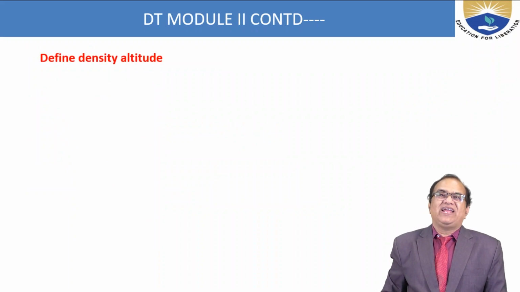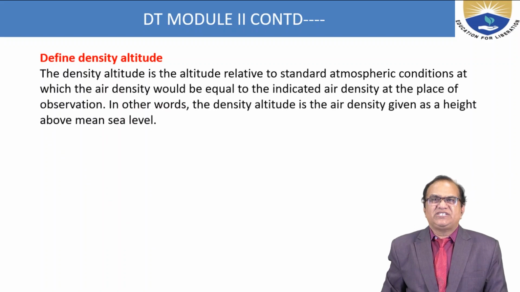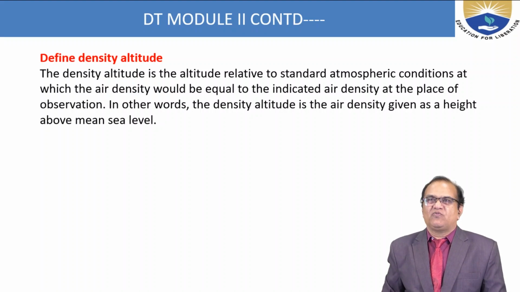Now define the density altitude. The density altitude is the altitude relative to standard atmosphere conditions at which the air density would be equal to the indicated air density at the place of observation. In other words, the density altitude is the air density expressed as a height above mean sea level.